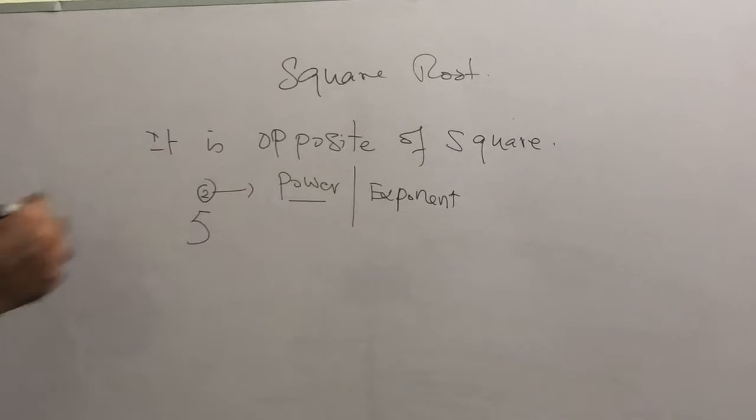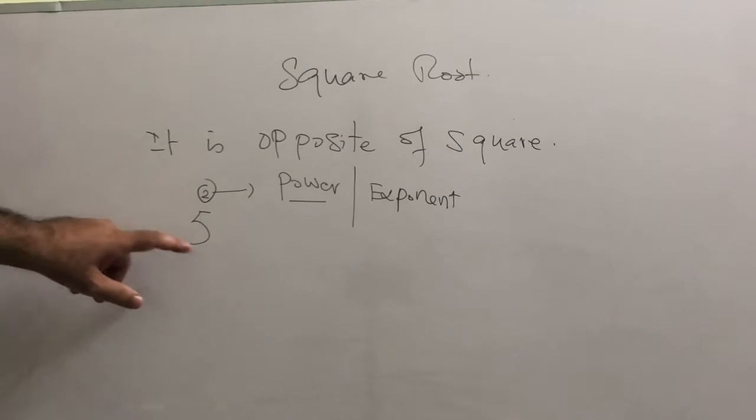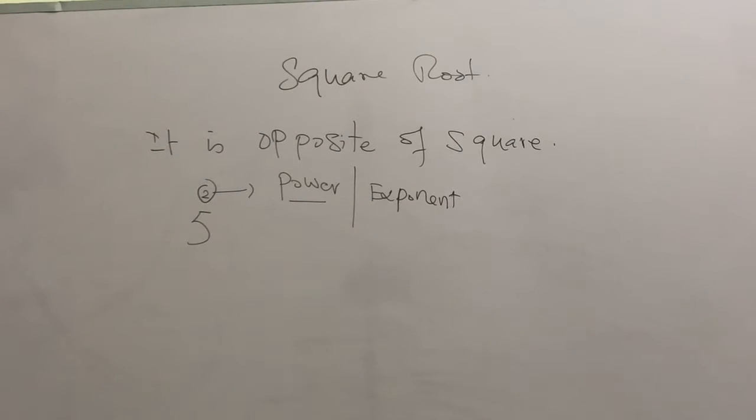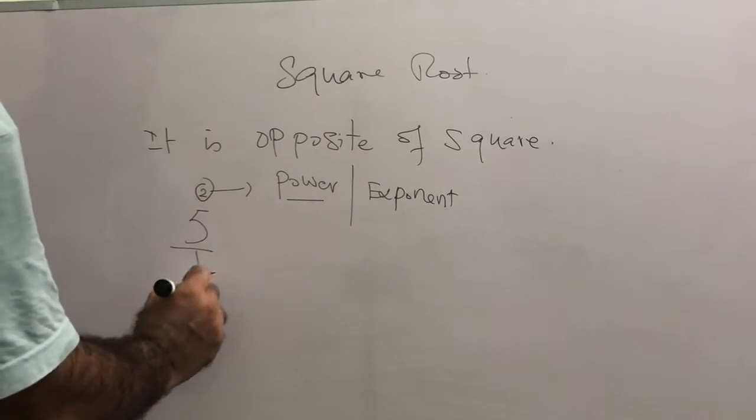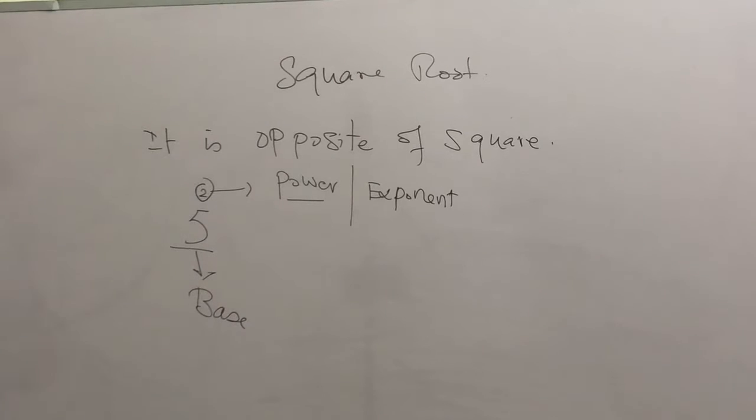This number which is written on the top of another number is called power or exponent. This is called the base, and this is called the power or exponent.